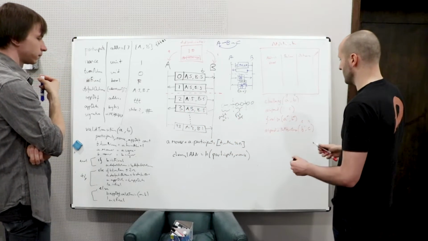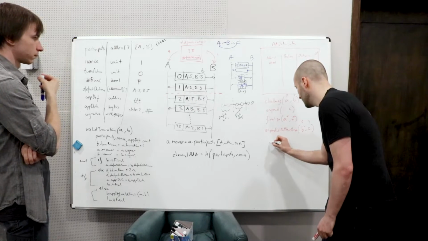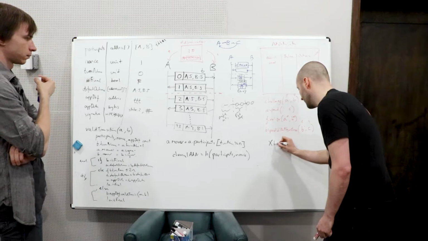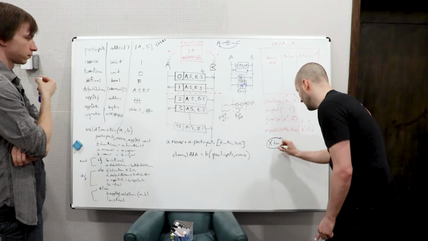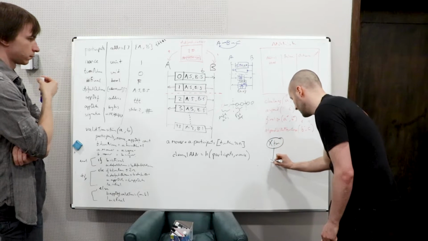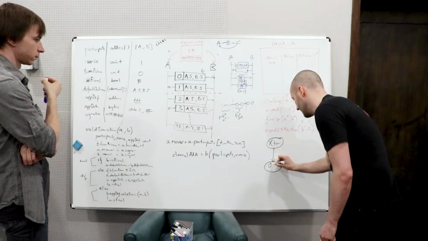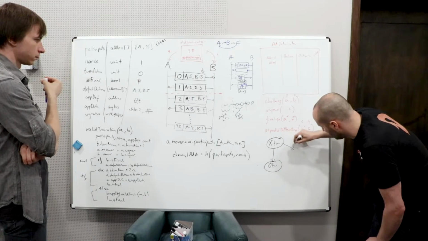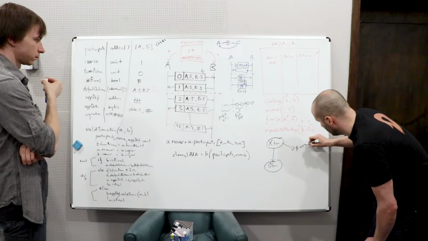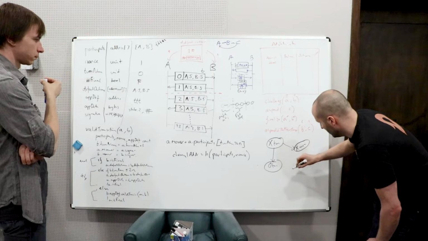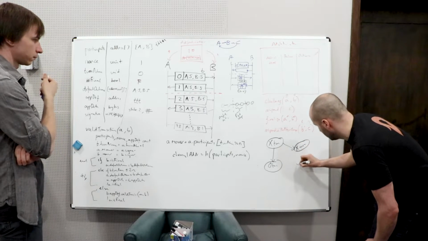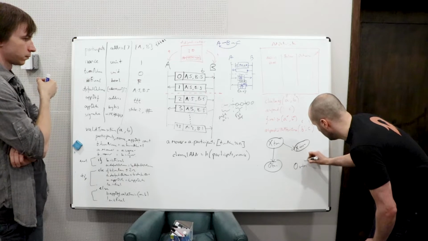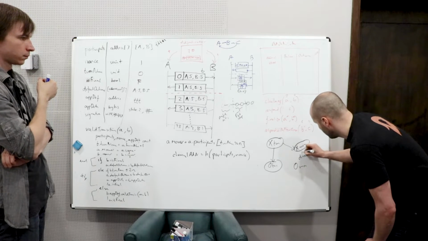So with tic-tac-toe, you're moving from X turn to O turn, and then you can transition from X turn to X wins. You can transition from O turn to O wins, or you can transition to draw.